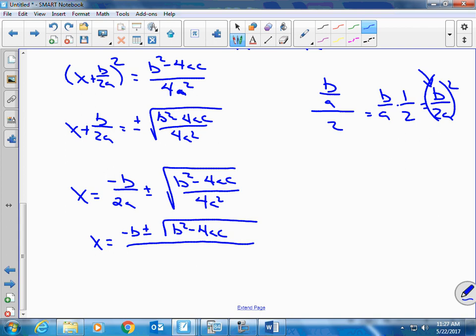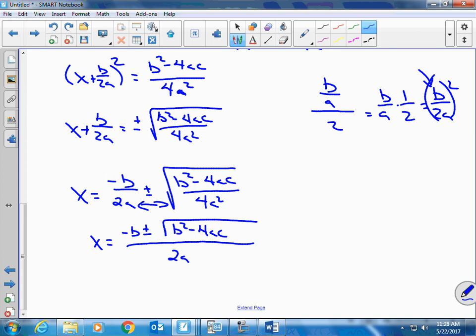On bottom, the square root of 4a squared is 2a. Well, the denominators are exactly the same now, and I can add them together, and I get exactly what we had at the top of the screen. We get our quadratic formula. All right, that's where it comes from.